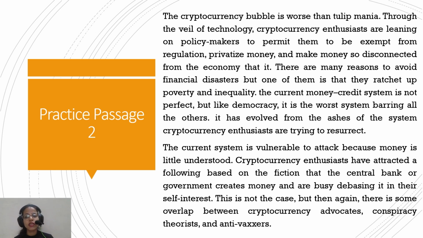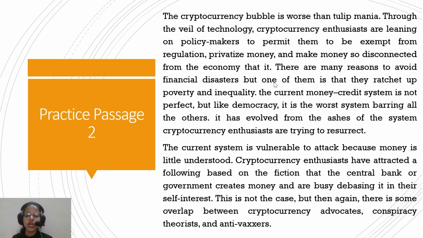The cryptocurrency bubble is worse than tulip mania. Through the veil of technology, cryptocurrency enthusiasts are leaning on policymakers to permit them to exempt from regulation, privatize money, and make money so disconnected from the economy. Okay, I think this line is incomplete, but let's keep it like that.